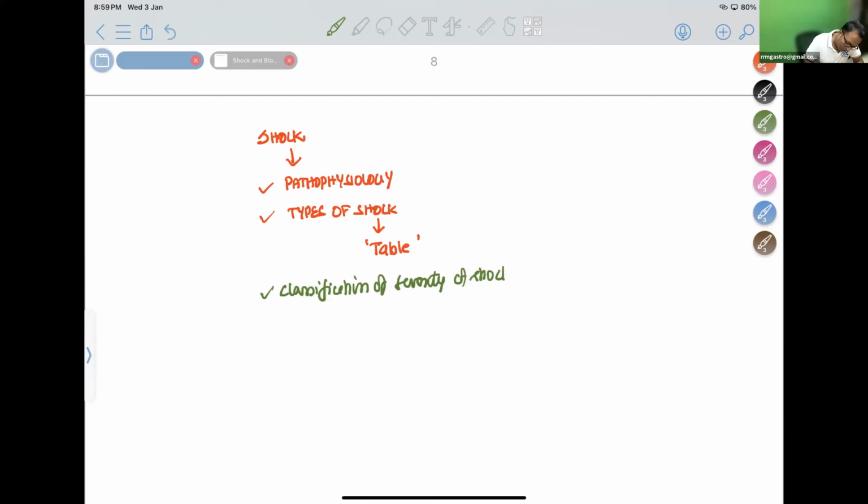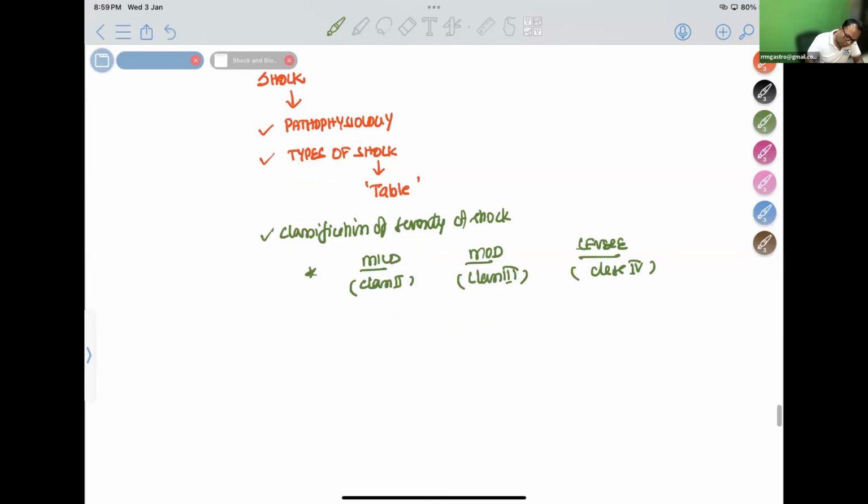I told you there are 3 categories: mild, moderate, severe. Mild is nothing but the same class 2 shock which we discussed in hemorrhagic. Moderate is class 3. Severe is class 4. This is one type of classification. Another classification is compensated shock and decompensated shock.